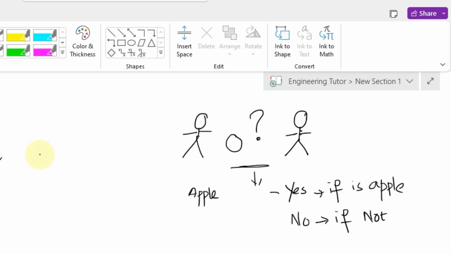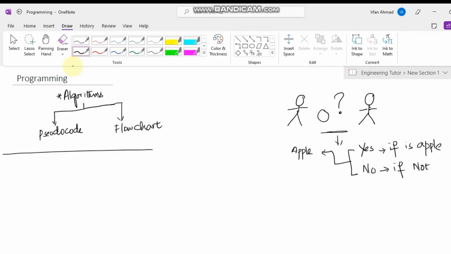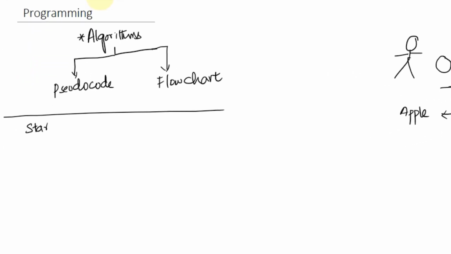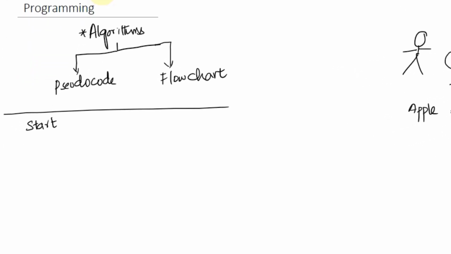Now that is the problem, and we have to write the statements here. Let me start it from here. What is the first step? First person will pick something.